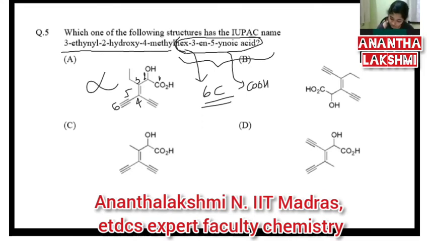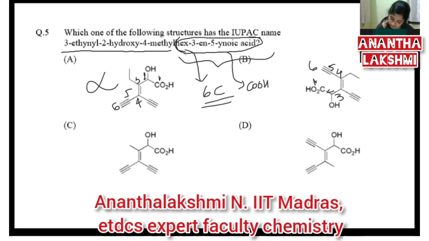Now, next option, we can number B. Where will we start from? This acid. 1, 2, 3, 4, 5, 6. Okay, and also when we determine the parent chain, we have to make sure that all the priority functional groups are included in the main chain. Here, we should make sure that at least the triple bond is included.